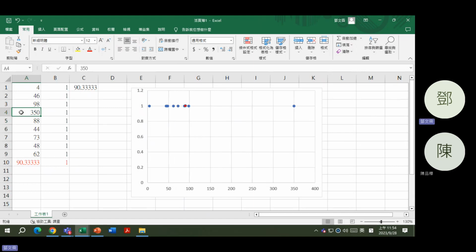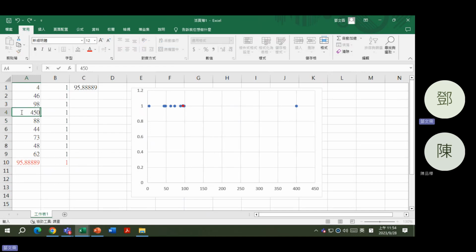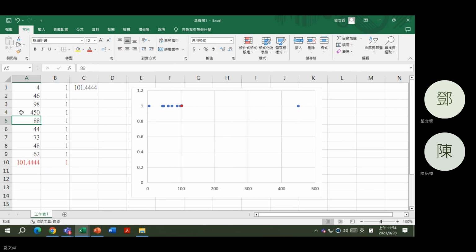Further right, further, 400, 450, okay? 500. You see that? What happened? Any volunteer? Tell me what happened.